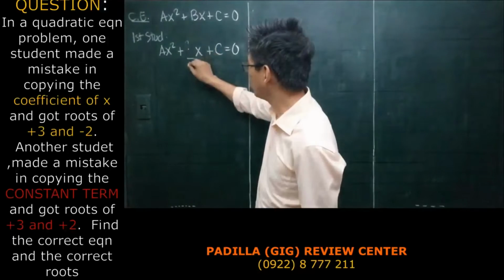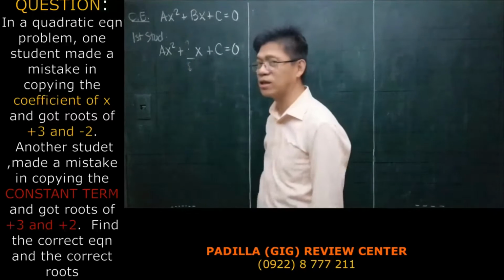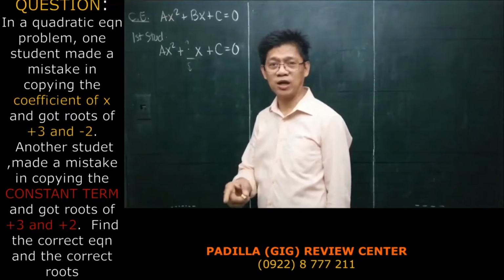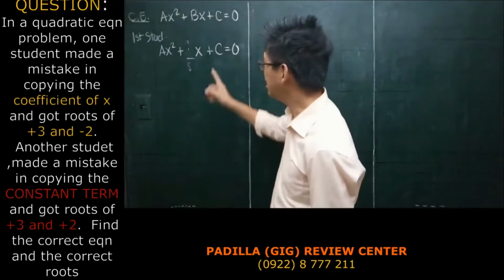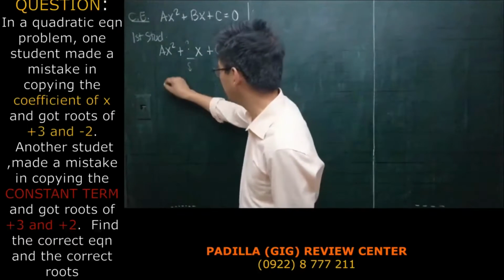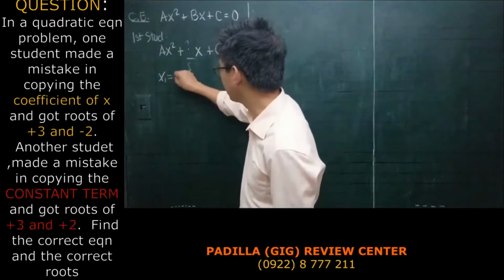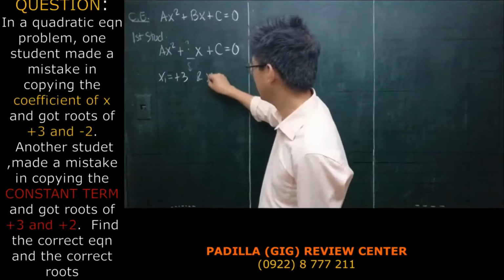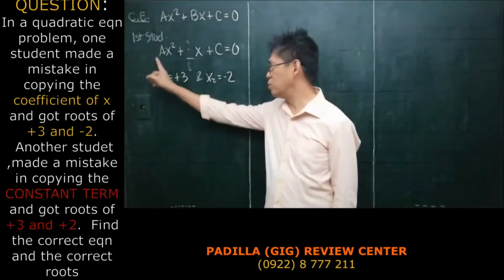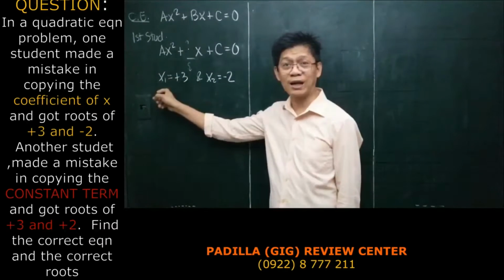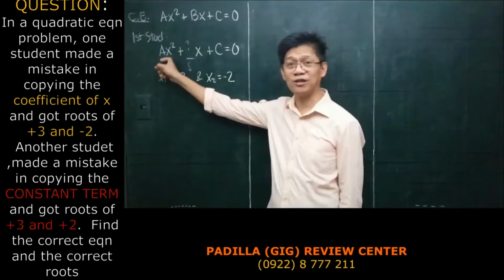So, he solved this equation either by quadratic formula, factoring, or by calculator. Now, he solved this and found the roots to be plus 3 and negative 2. I would presume that these roots are correct roots for the wrong equation.